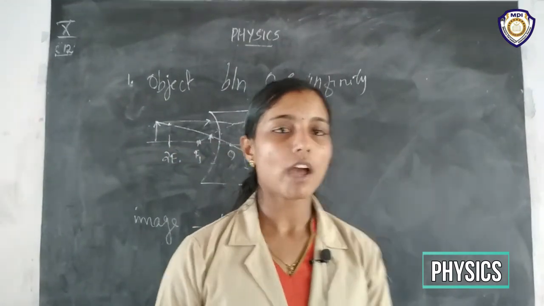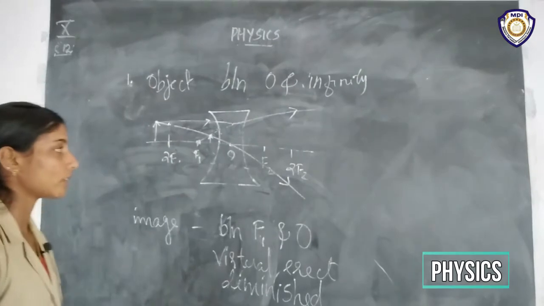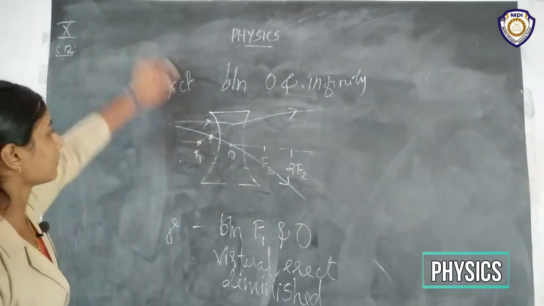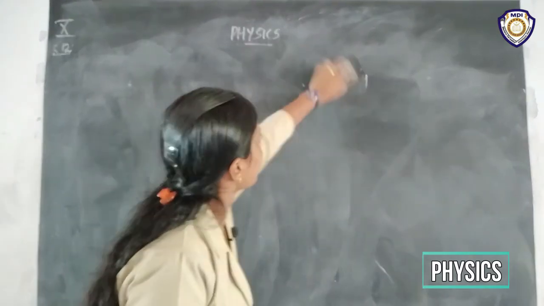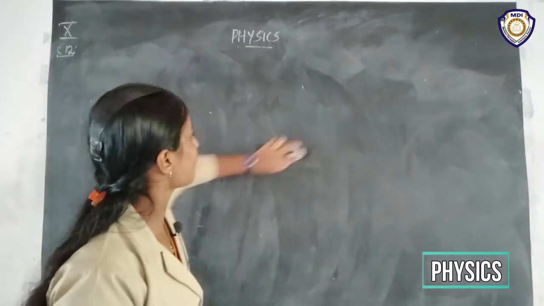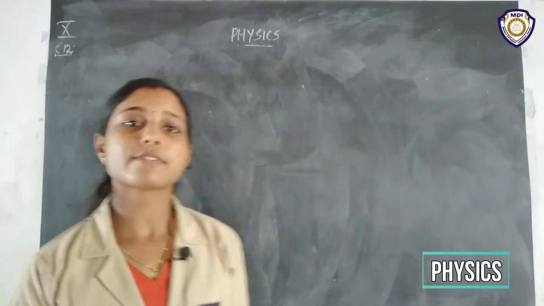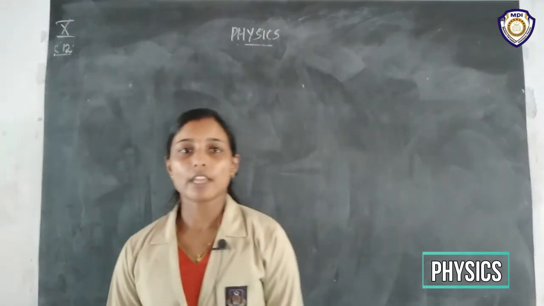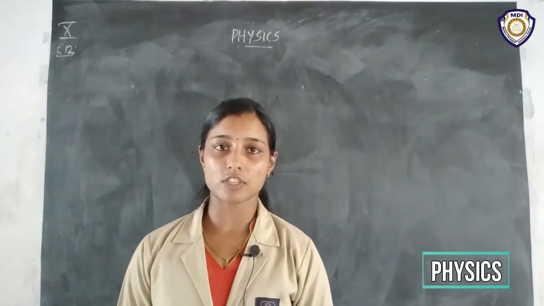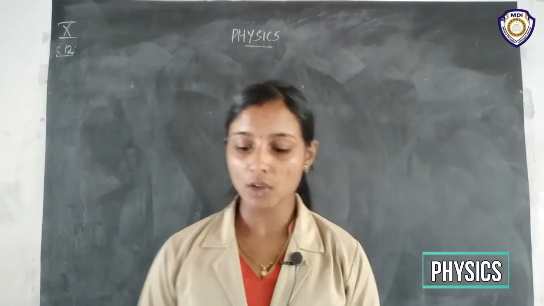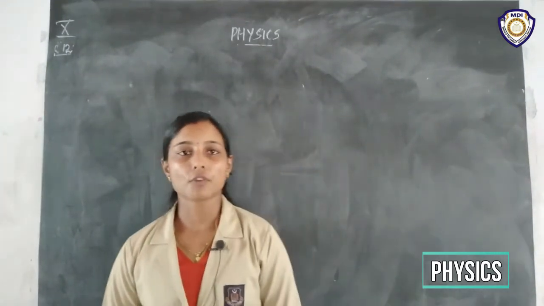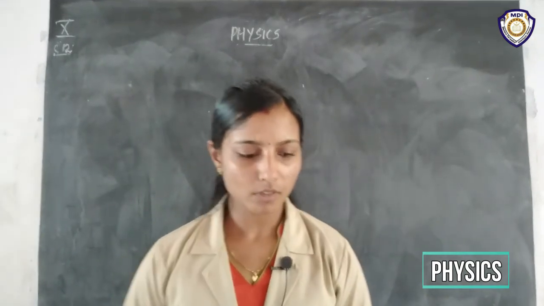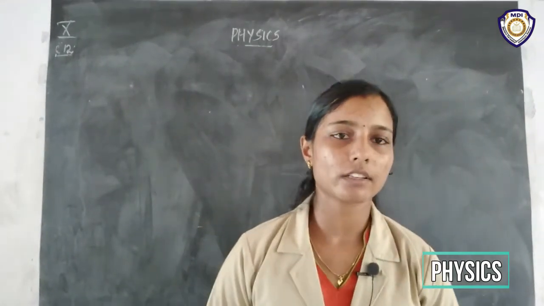And now we have to look into the next portion, that is sign convention. In the case of spherical mirrors we studied sign convention, right? Like that, here also sign convention should be applied for lenses. So what are the sign conventions?